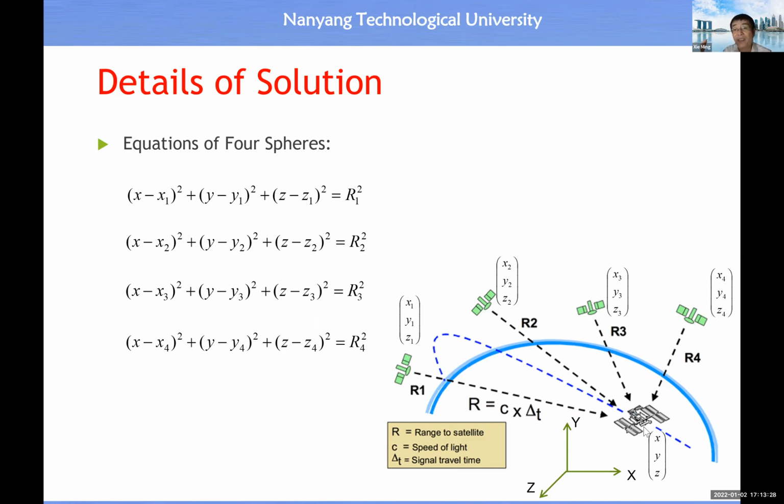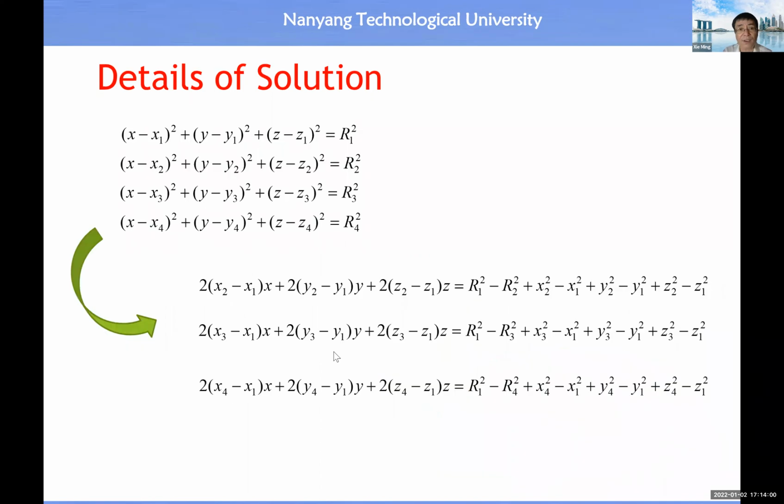Then the receiver will receive this signal and should be able to calculate the delta t. Then delta t times the speed of light should be the distance from the receiver to this emitter. Therefore, centered at this emitter, we should be able to write down the equation of a sphere. This is the equation of the first sphere, the second sphere, the third sphere, and the fourth sphere.